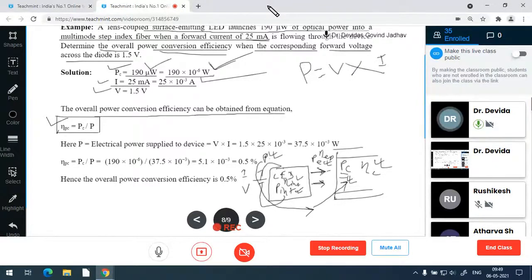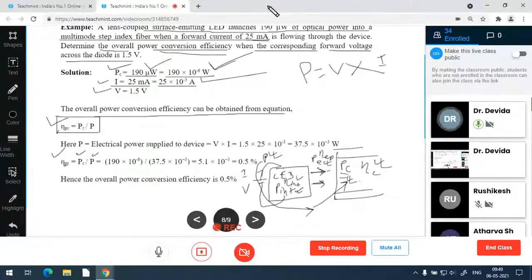From electrical power to the power launched into the fiber, that is the overall efficiency. So PC upon P, the optical power coupled into fiber over the electrical power provided. This is eta PC, the overall power conversion efficiency.